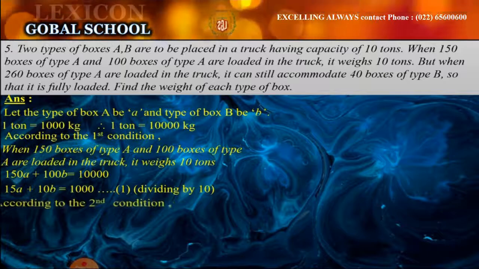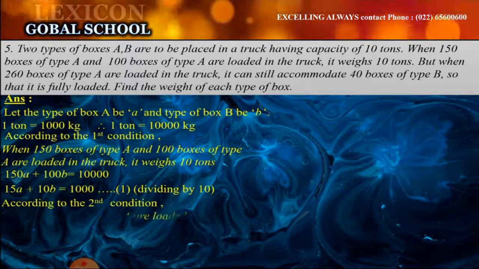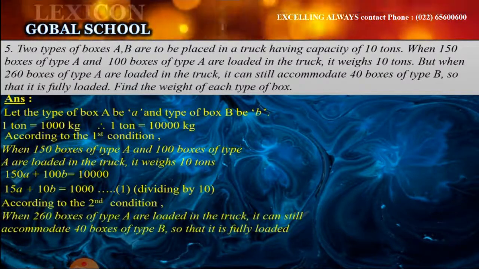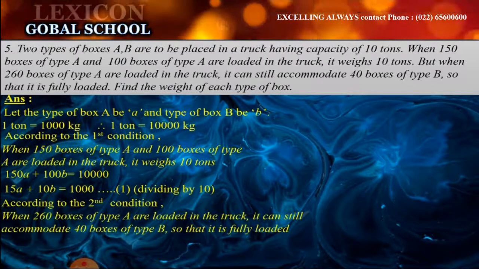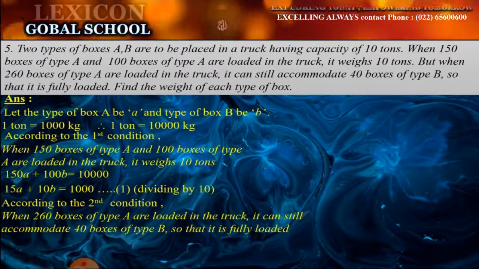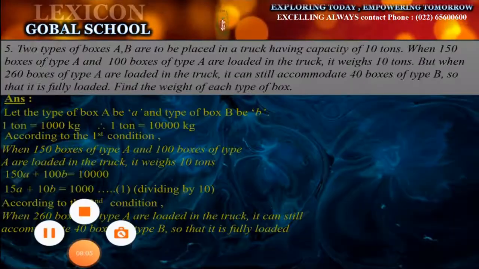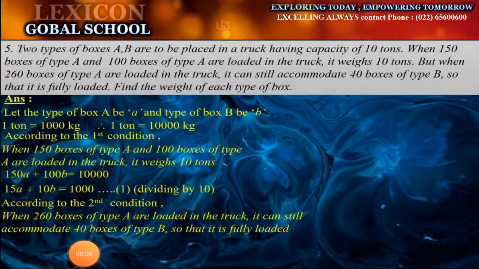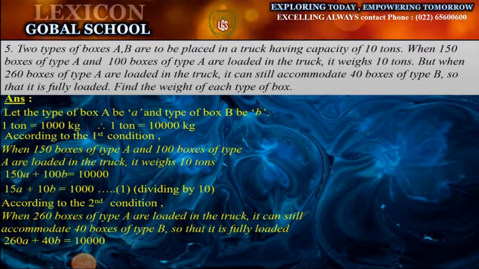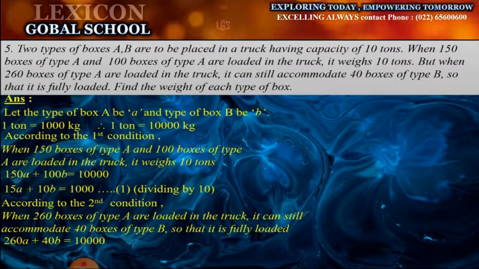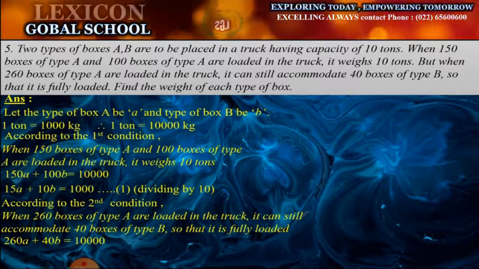According to the second condition, when 260 boxes of type A are loaded in the truck, it can still accommodate 40 boxes of type B, so that it is fully loaded. That means 260A plus 40B will give me 10,000.